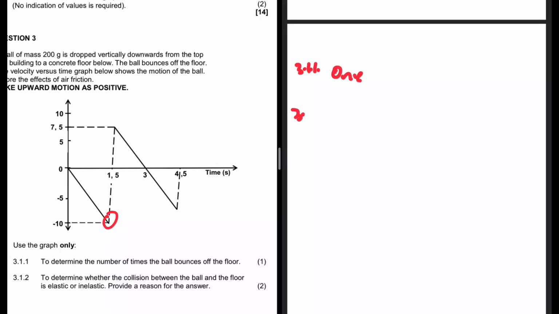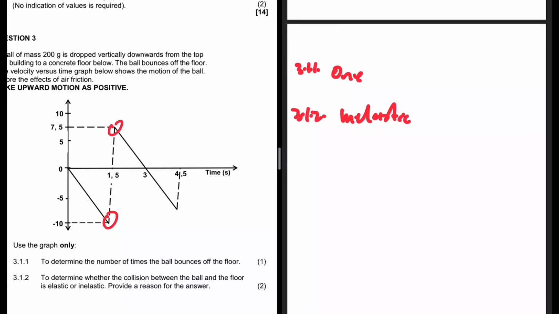3.1.2. Determine whether the collision between the ball and the floor is elastic or inelastic. Provide a reason for the answer. Well, it is inelastic. Let's take a look at this. It strikes the ground with a speed of 10 meters per second, and it leaves the ground with a speed of 7.5 meters per second.